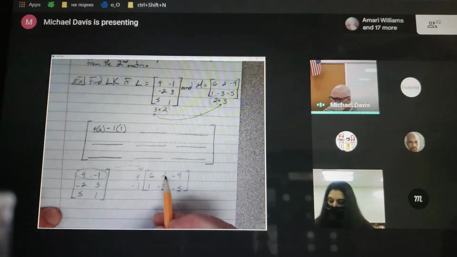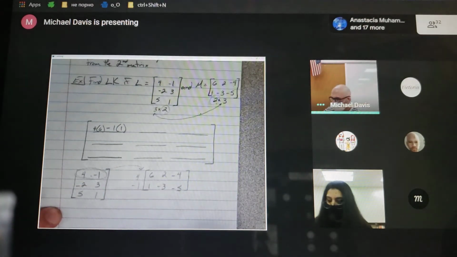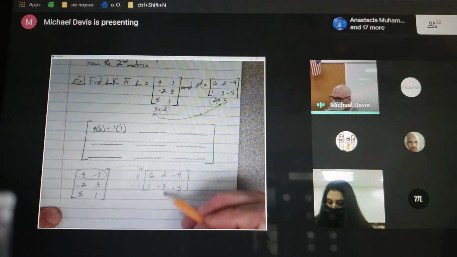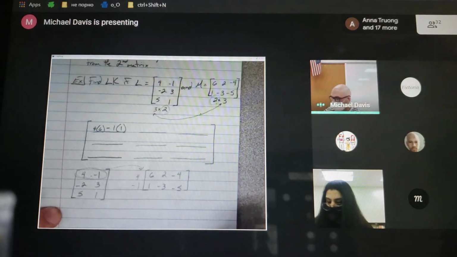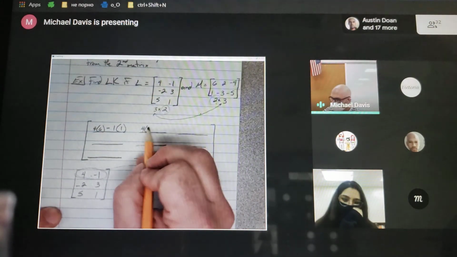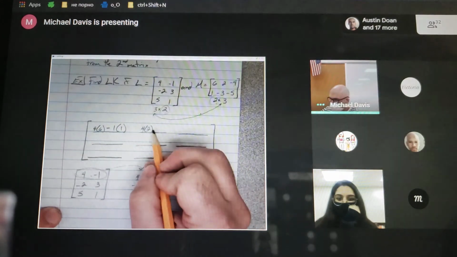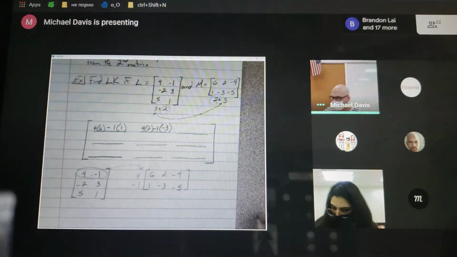I'm going to multiply the entries from row 1 in matrix L, those two numbers, times the entries in column 2 in matrix M. So 4 times 2 minus 1 times negative 3.